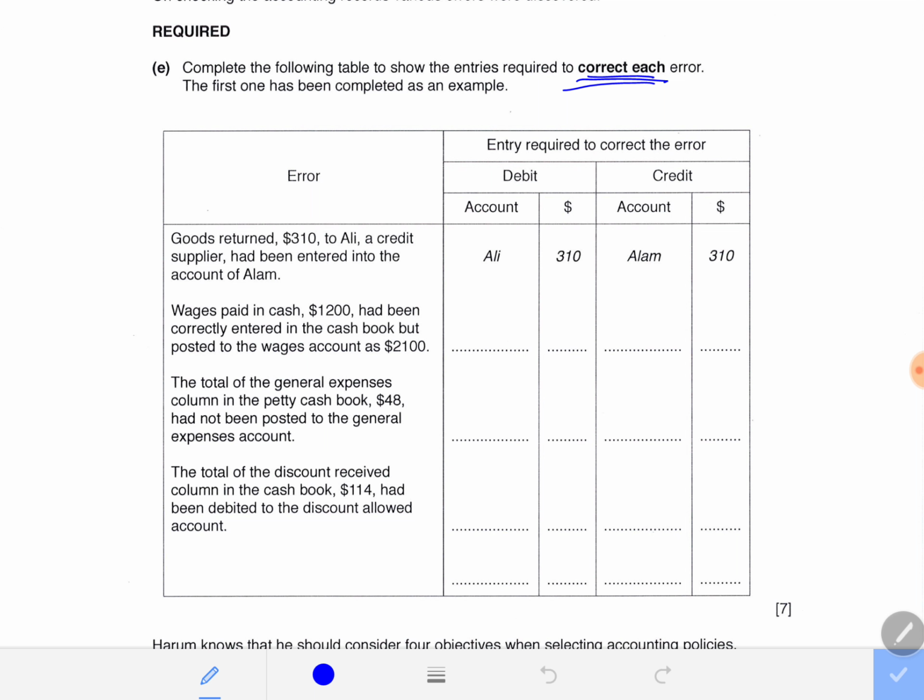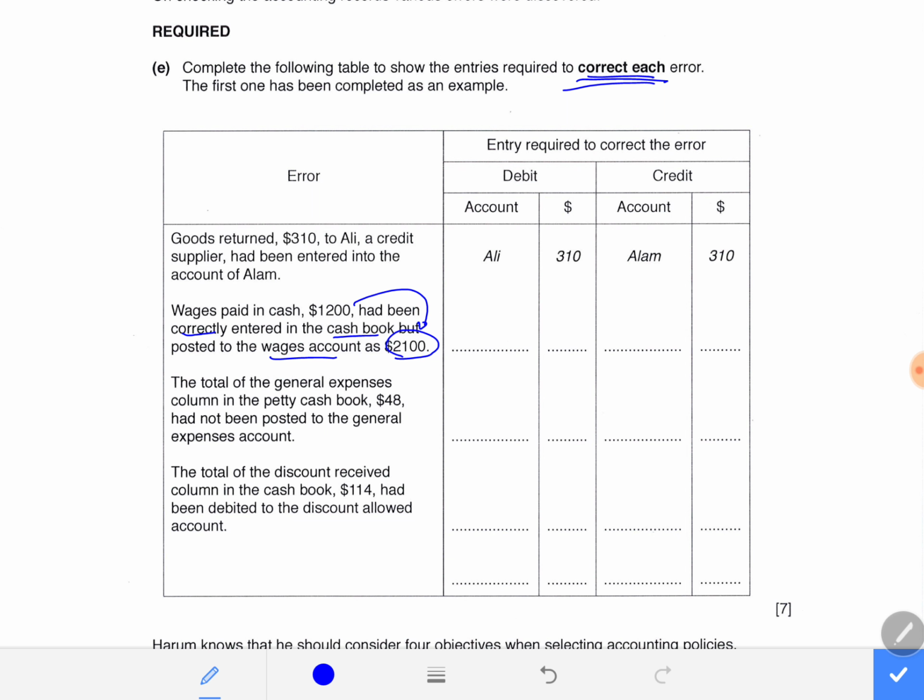Wages paid in cash, 1,200, had been correctly entered in the cash book but posted to the wages account as 2,100. So there's nothing wrong with the cash book, but there's something wrong with the wages account. So you have to make corrections on your wages account. Right now, your wages account is overstated because you're supposed to record wages 1,200, but you recorded it as 2,100. So you need to reduce wages.